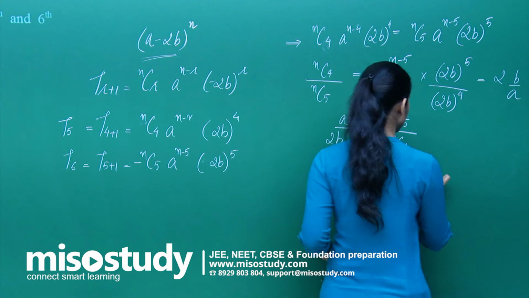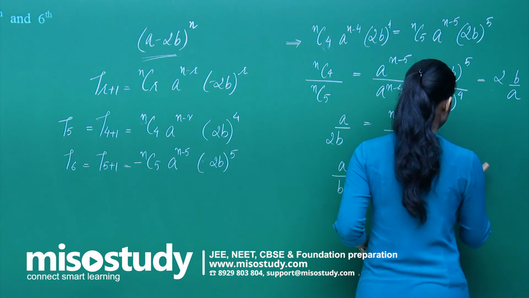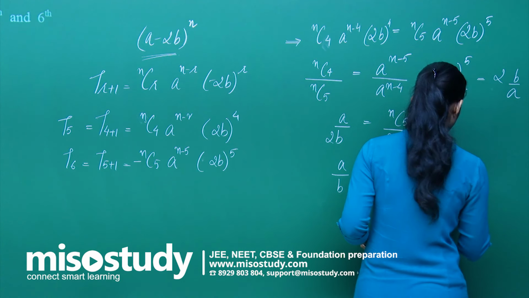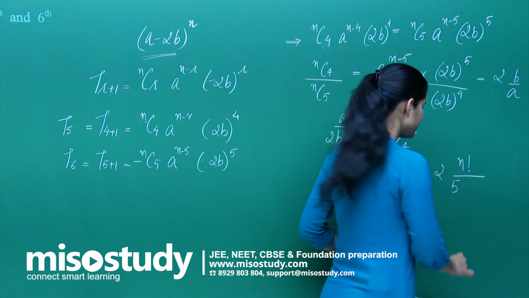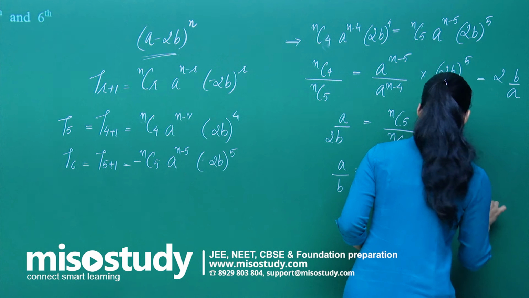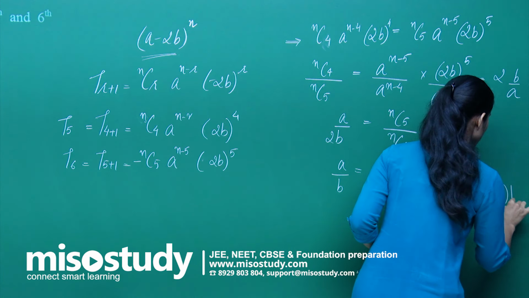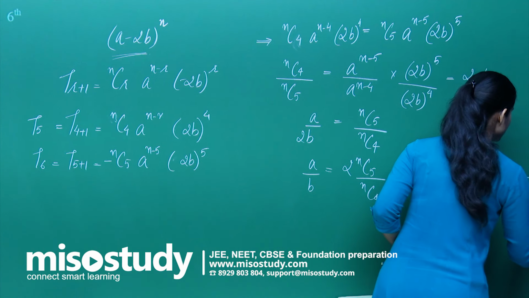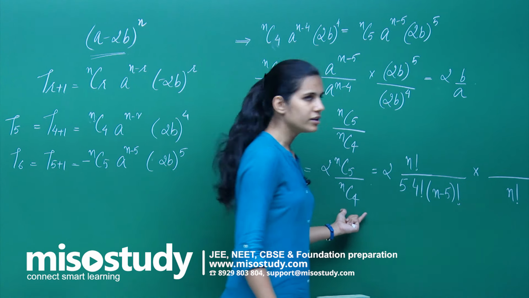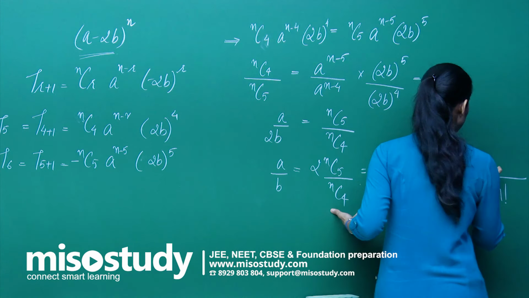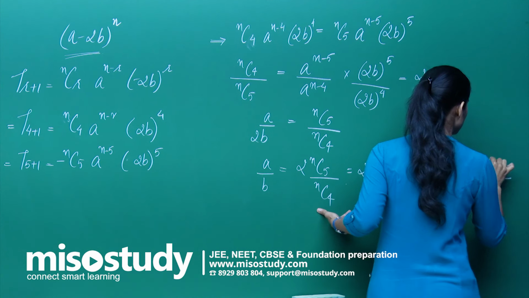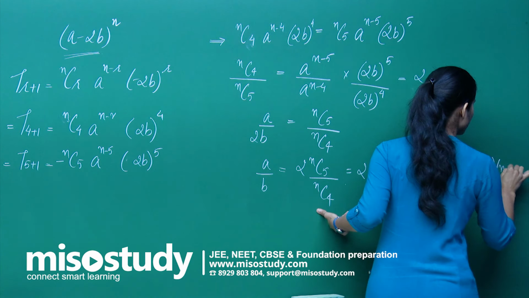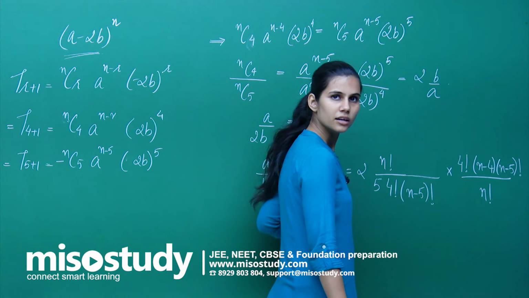What is nC5 by nC4? It gives you n factorial upon 5 factorial, which can be written as 5 into 4 factorial into n minus 5 factorial. And then you get n factorial because it is upon nC4. So n factorial, this is 4 factorial, n minus 4 into n minus 5 factorial.